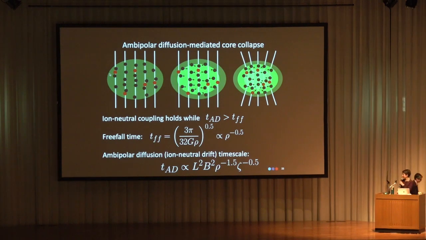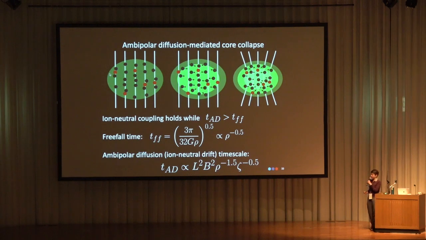Thank you very much. Yes, I've been deputized to give a quick overview of the role of magnetic fields in core evolution. When I say core, I mean any object that's roughly spheroidal and likely to go on, if it's gravitationally bound, to form an individual star or an individual stellar system.